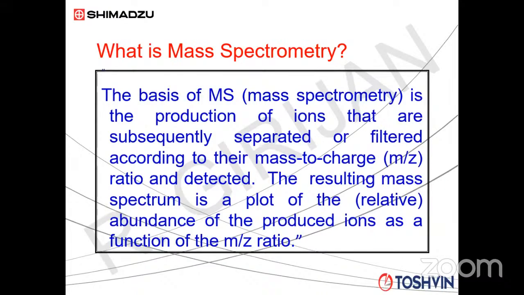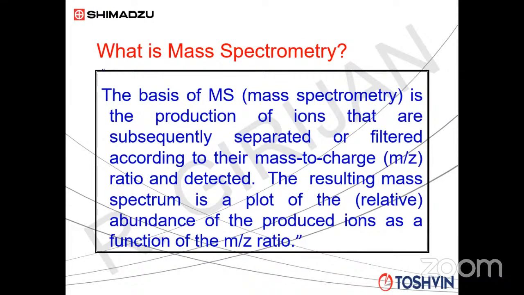And when the sample undergoes ionization, or we call it even fragmentation, different ions are going to be produced. Depending upon the structure of the molecule, the different ions are going to be produced. And all these ions will have different mass numbers. They are not the same, they are all different. So when the molecule undergoes ionization, you are going to get a mixture of ions having various mass numbers.